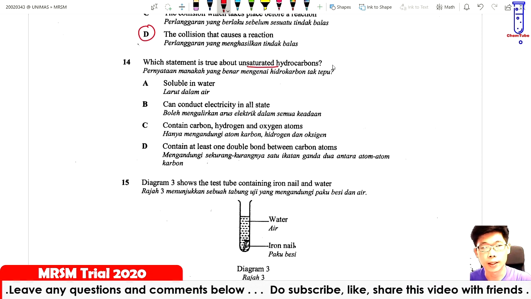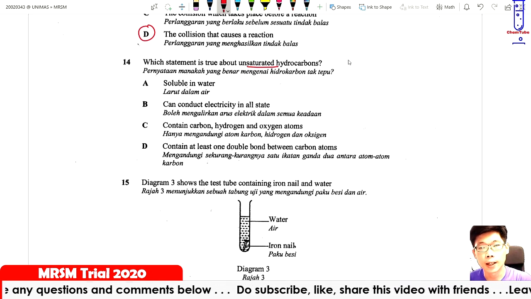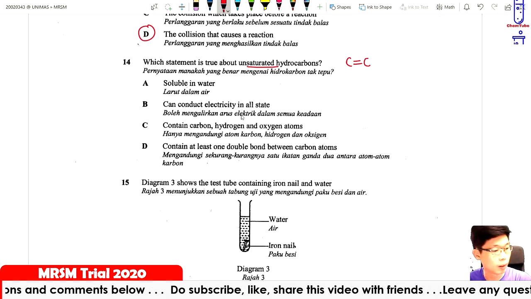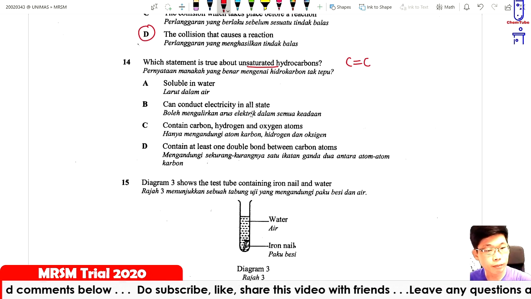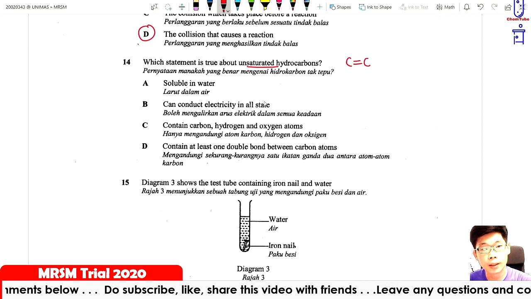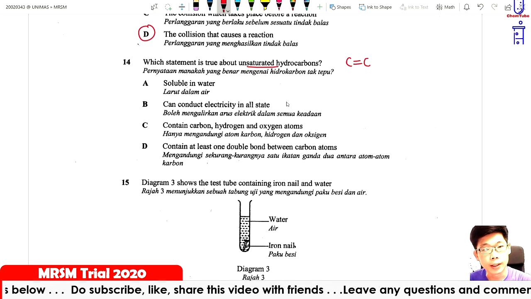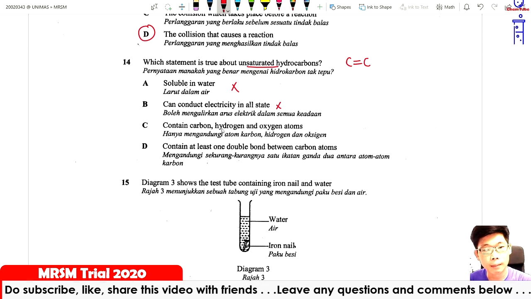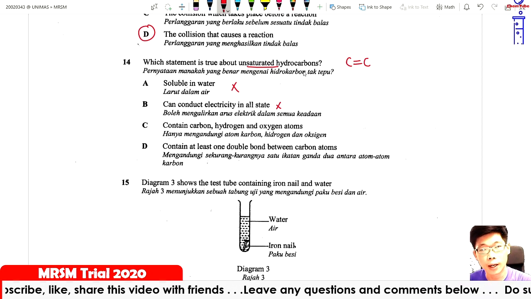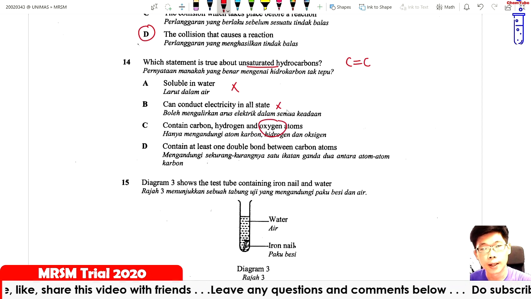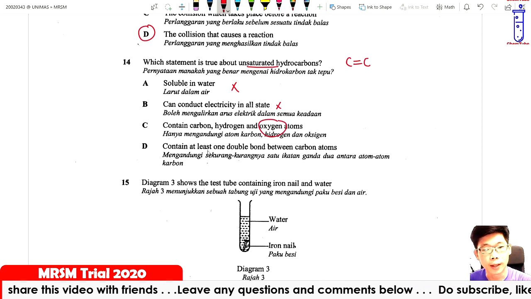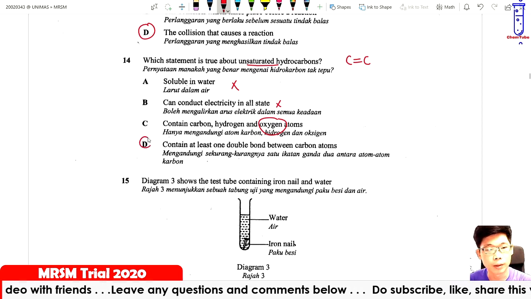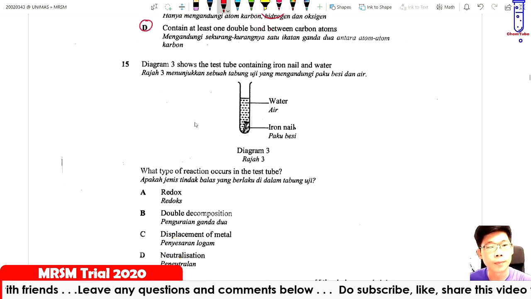Unsaturated means it has a carbon-carbon double bond. Soluble in water, can conduct electricity in all states? I think no. Contains carbon, hydrogen and oxygen? Hydrocarbons contain carbon and hydrogen only. Contains at least one double bond between carbon atoms. So D is the answer.